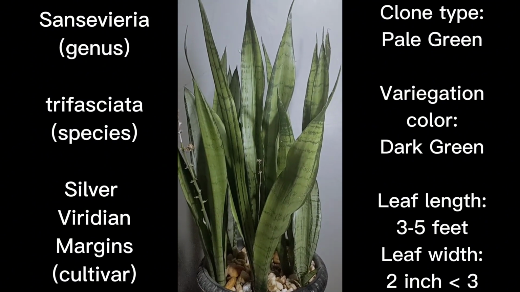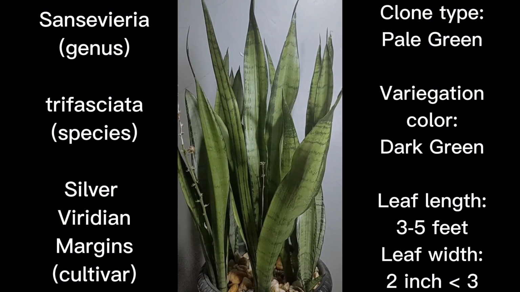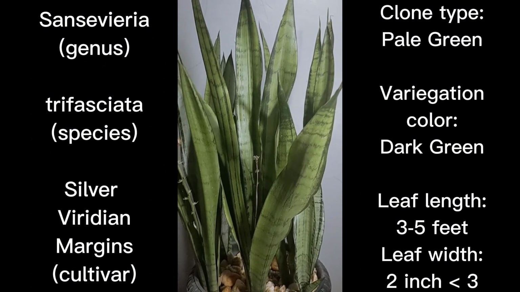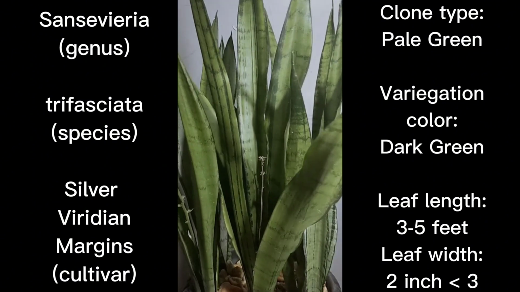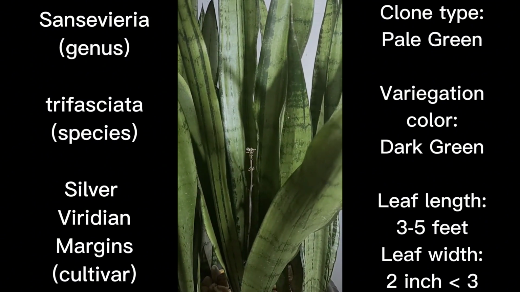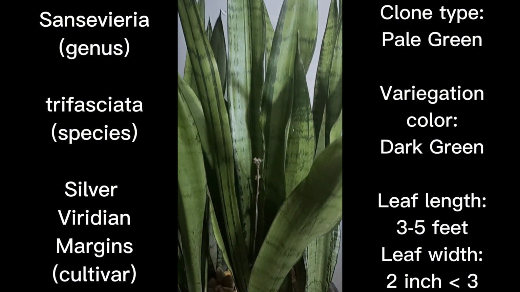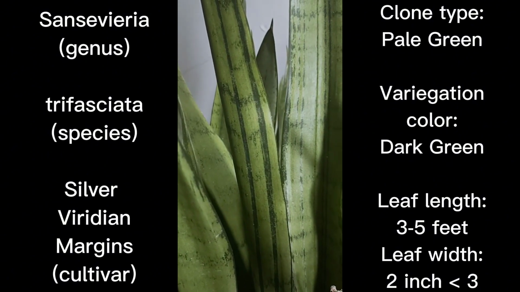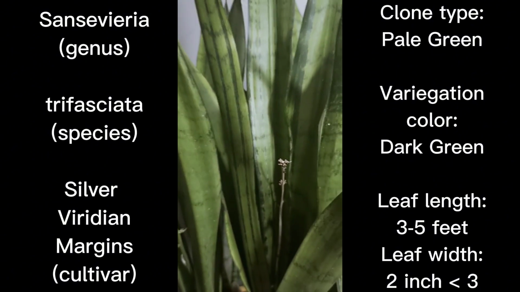I have already shown you my Silver Laurentii. The difference is Silver Laurentii has yellow margins. Mine has green margins on most of the leaves. At times the marginations would appear on the middle part of the leaves. The marginations are dark green in color.